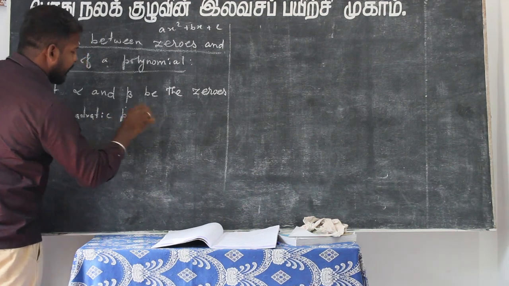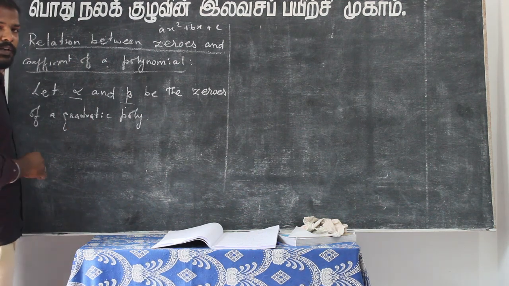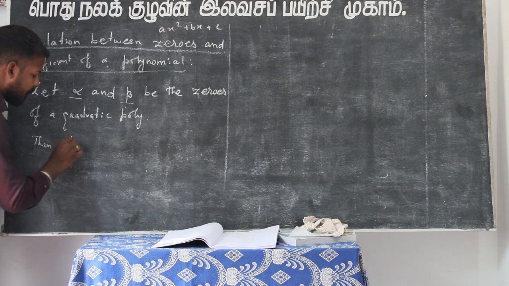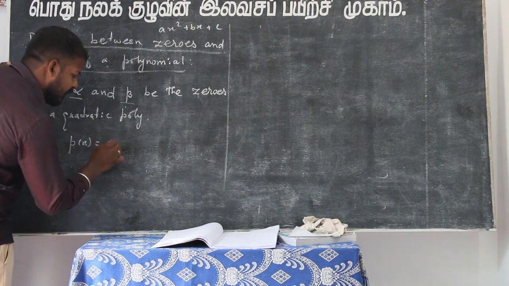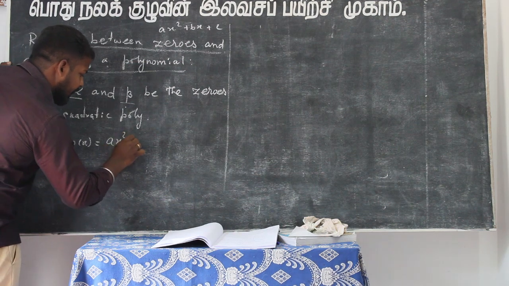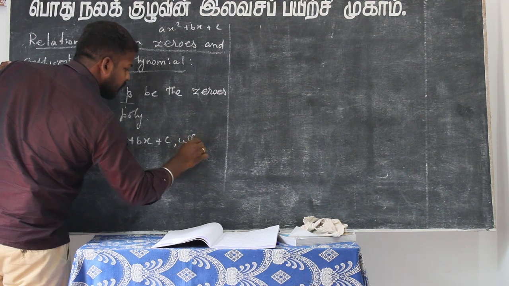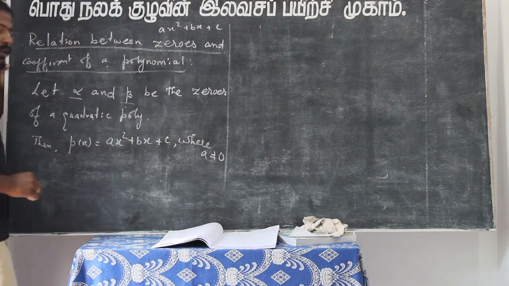We are considering alpha as one zero, beta as another zero. Then what will we get? So p of x, polynomial of x, is equal to, what is the general form here? ax square plus bx plus c, where a is not equal to 0.